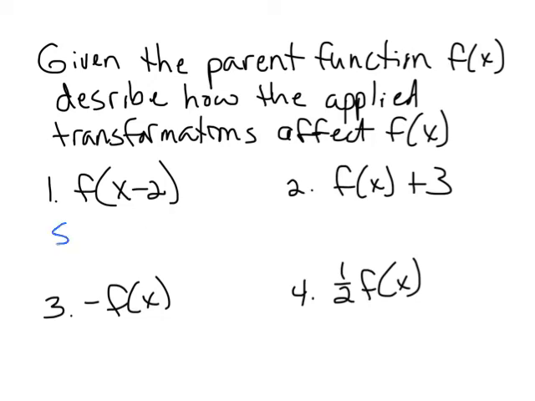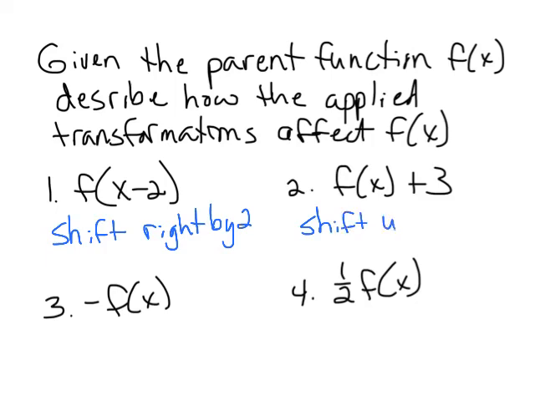So this is going to shift everything right by 2 units. It's counterintuitive. If it's -2, it's going to move to the right. The second example, I'm adding 3 to the outside. This is a direct read, so I'm going to shift up by 3. If I'm adding 3 to the outside, I'm moving up.